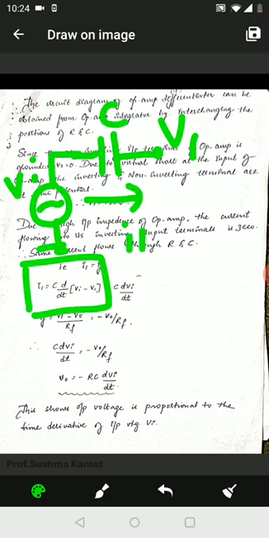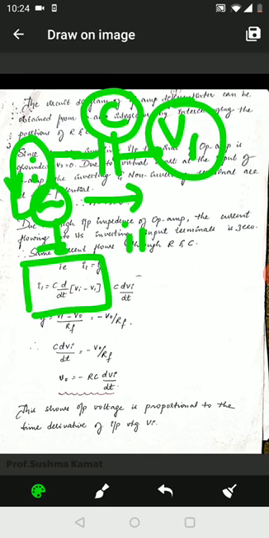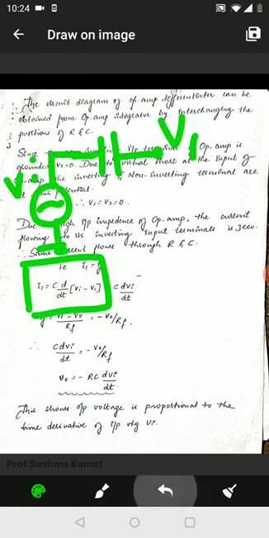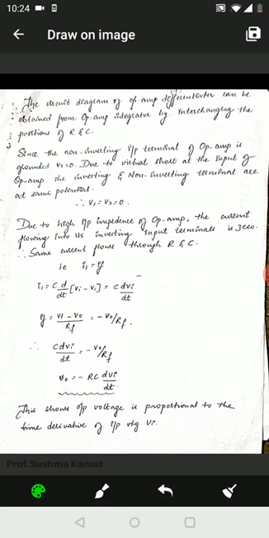This was C. So now I1 is equal to C multiplied by the rate of change, or d upon dt, of Vi minus V1. But the value of V1 here is 0. That is why the answer is C into dVi upon dt.